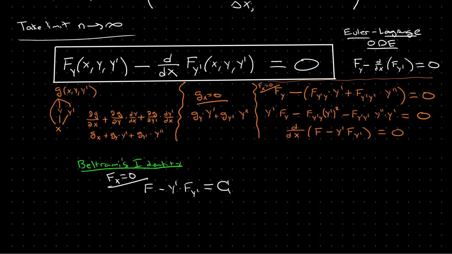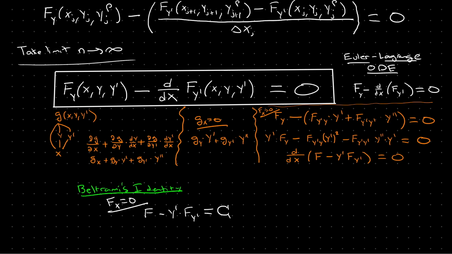So what we've seen is that method 2 is in fact a little bit more general. We didn't have to make any assumptions on the function f and its dependence on x. And this is in fact what we're going to see for the general case. This Euler-Lagrange differential equation is the general ODE that has to be satisfied when we're trying to maximize or minimize a given functional.